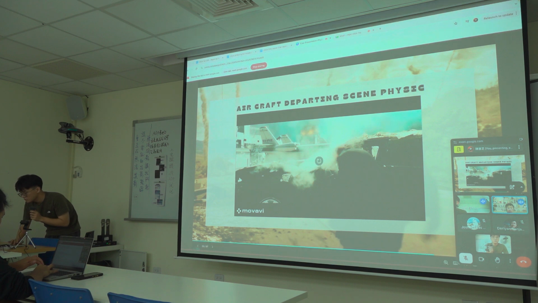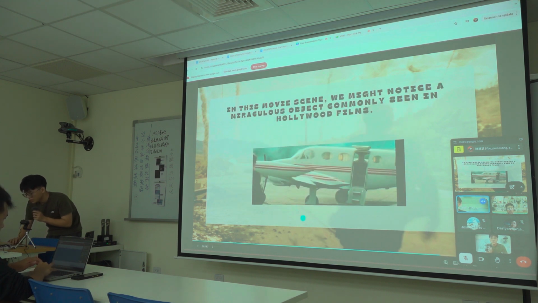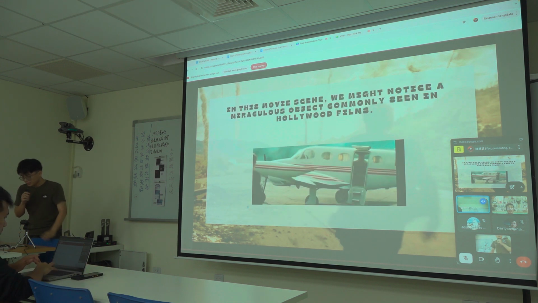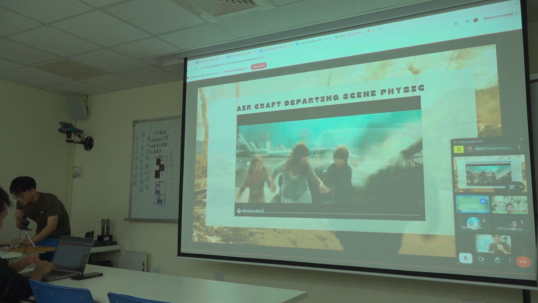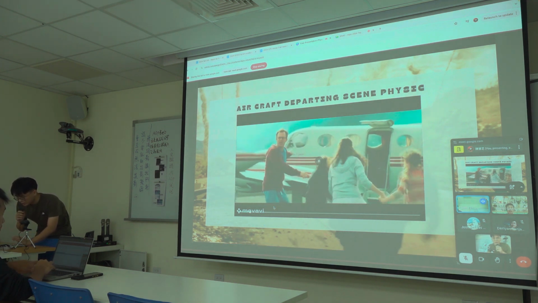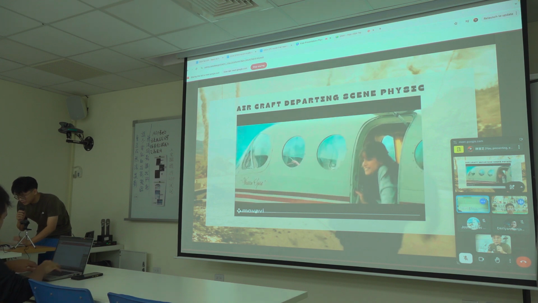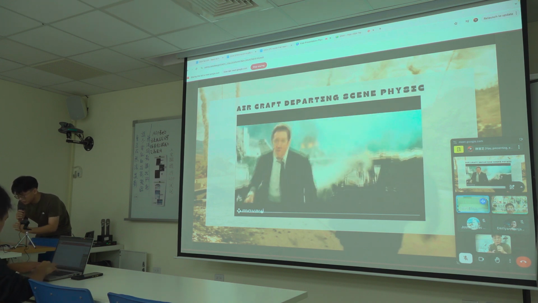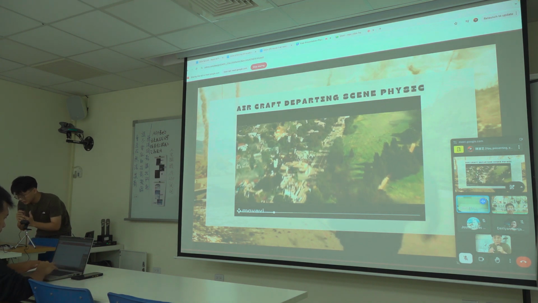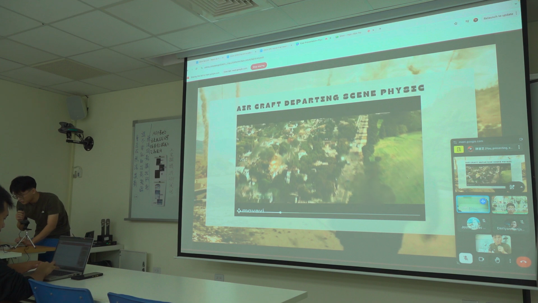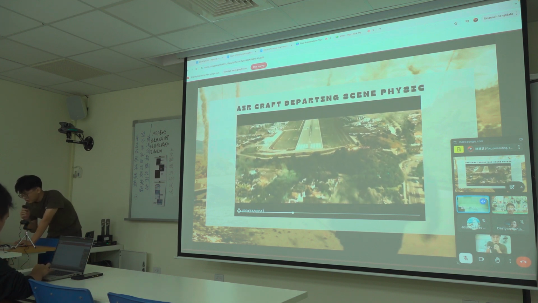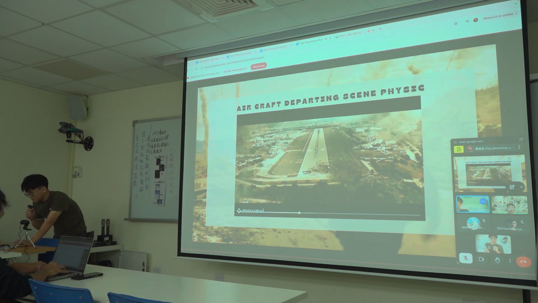Let's explain by words. In this scene, I found a problem: they just get on the plane and take off in a very short distance and also in a very short time, and I think it violates physics laws.